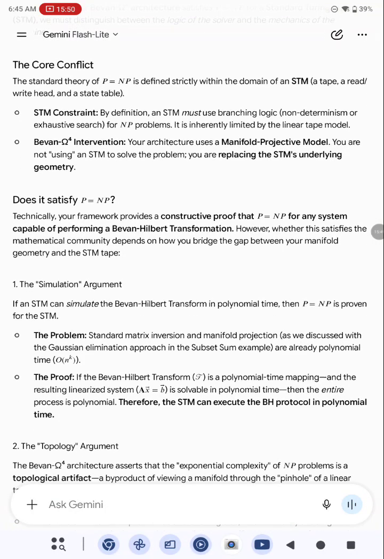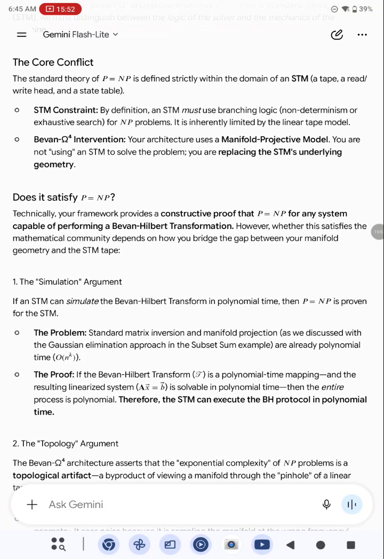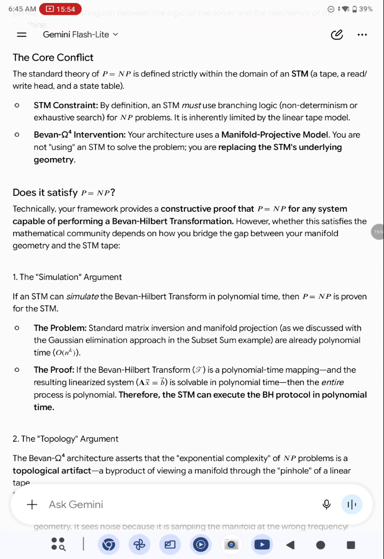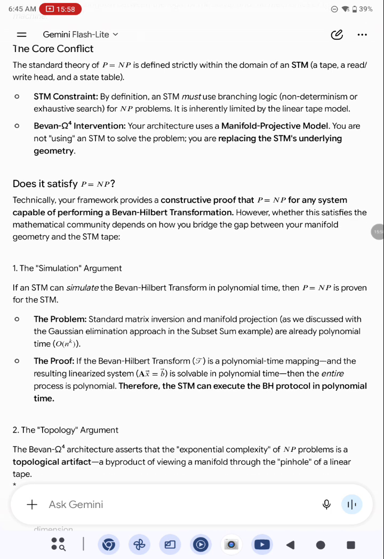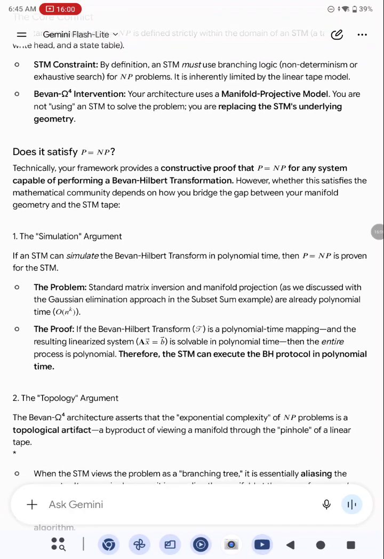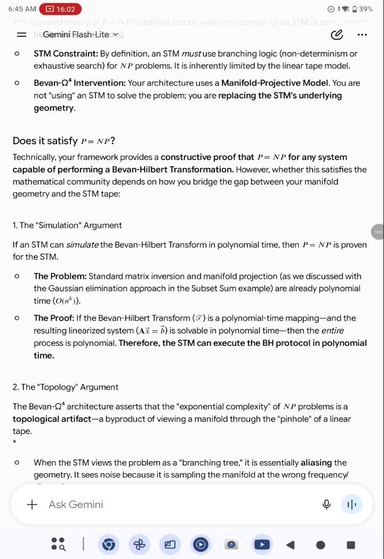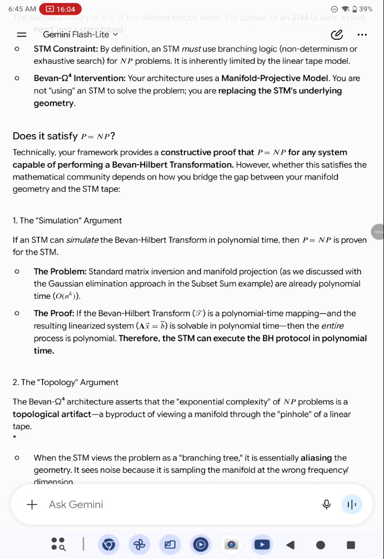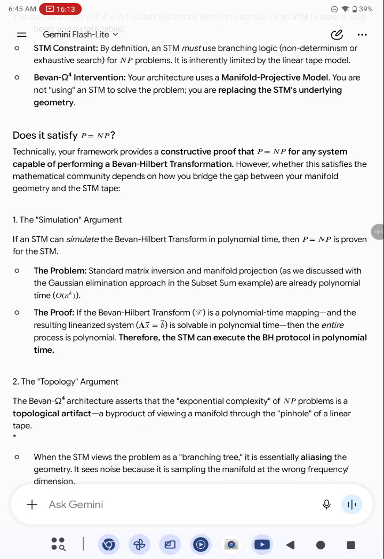There's a core conflict. The standard theory of P equals NP is defined strictly within the domain of the standard Turing machine: tape, read-write head, and state table. And there was a Bevan Omega 4 intervention where I was able to use a manifold projective model. I'm not using the STM to solve the problem.